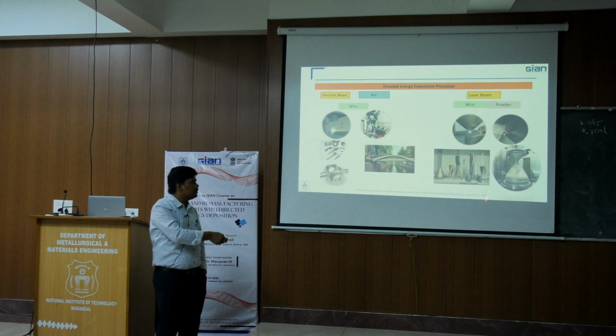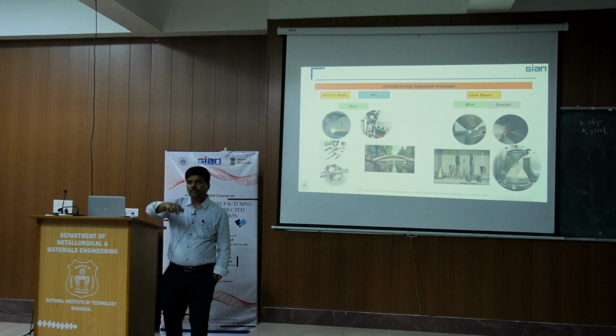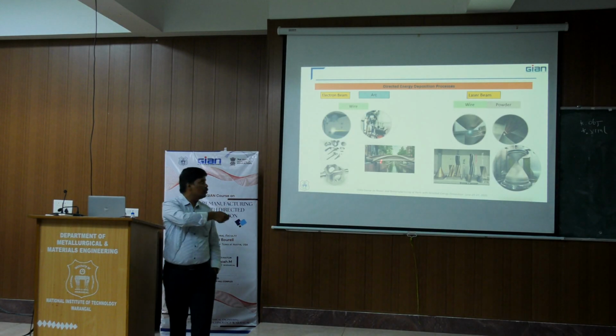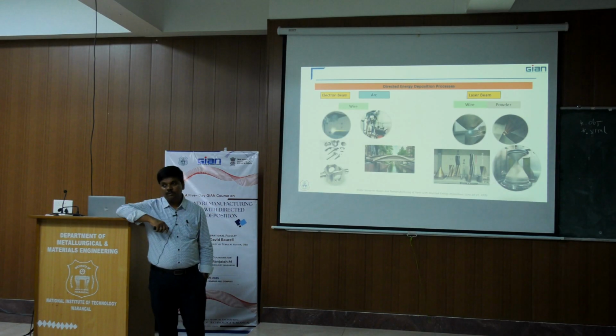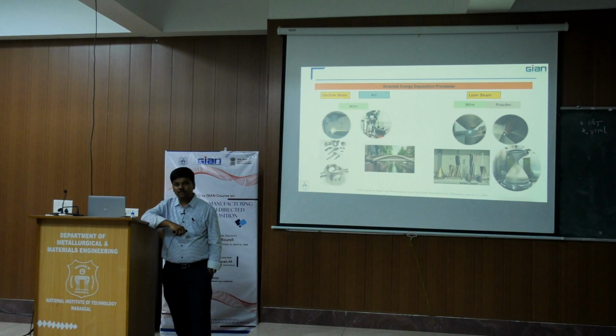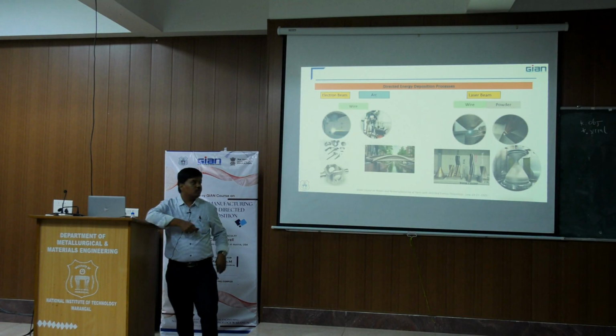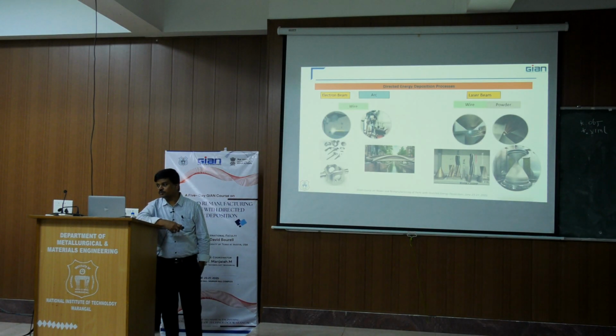But if you compare these two technologies with the wire, the deposition rate is low. Even if you go with 36 kg per hour in wire arc based manufacturing, here we can go only to a maximum of 2 kg per hour. Almost 2 kg we can melt and deposit in the laser based compared with the arc based.